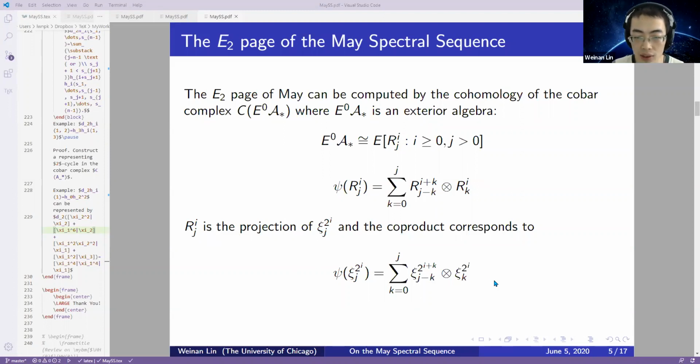Okay, now it's still a problem that it's again a cobar complex. Though E_0 A star is kind of easier than A star, the dual Steenrod algebra, the cobar complex is still kind of huge.